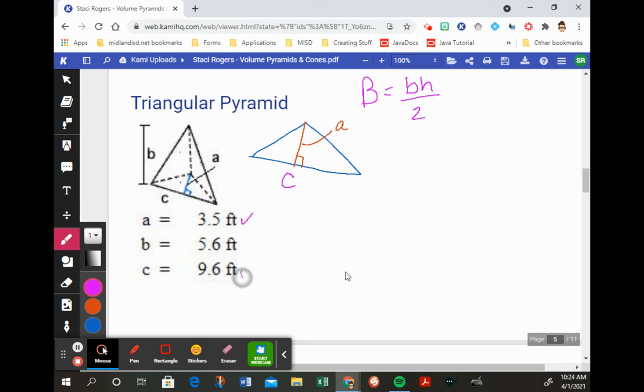A and C. So I'm going to do 3.5 times 9.6 divided by 2. 3.5 times 9.6 divided by 2, I get 16.8.